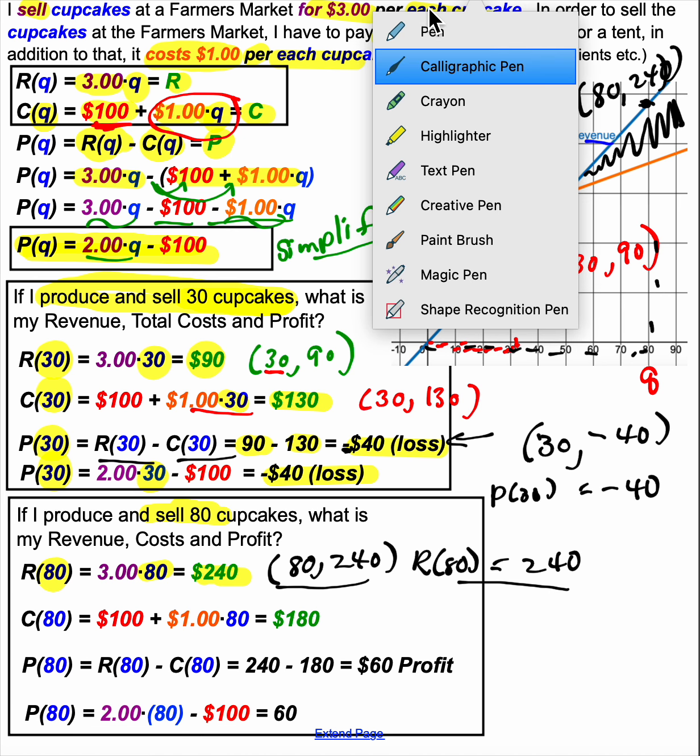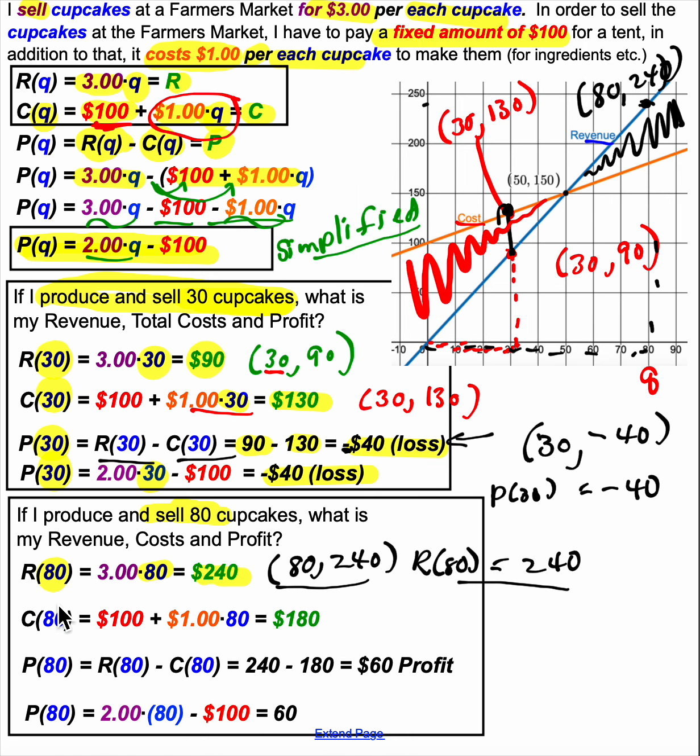And if I now want to find out what my costs are, I'm going to substitute 80 into my cost function. Again, here is my cost function here. 100 plus 1 times Q is equal to total cost. So I just substitute 80 in for my cost function, and I get 180.